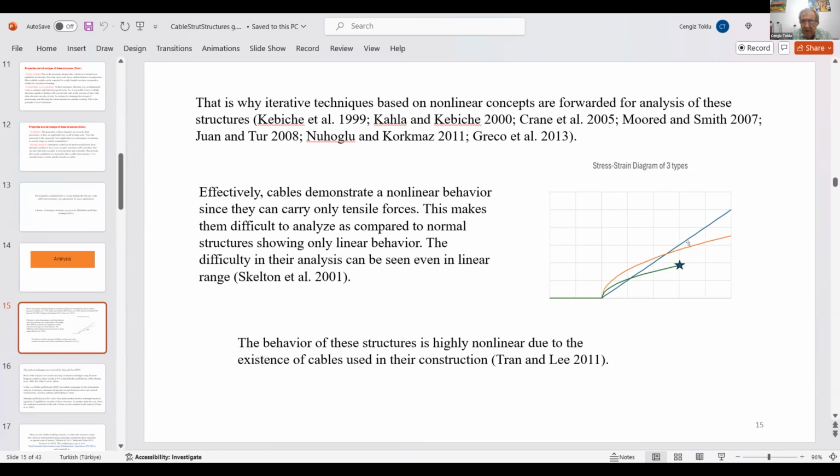There may be nonlinear ones, and ones which have a rupture value. Except for the linear ones, those properties make the structure very nonlinear. Therefore, their analysis is not easy. Even with known techniques, like the finite element method, they cannot be done very easily.